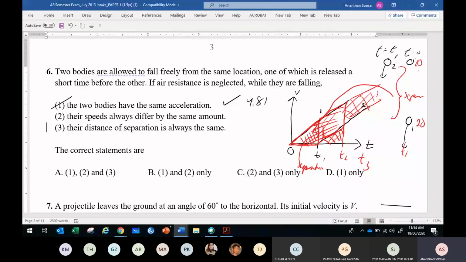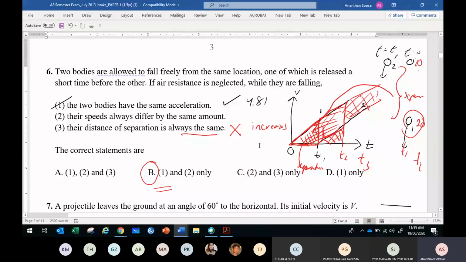After T2, the speed of 1 is always going to be greater than the speed of 2. So 1 will always cover the greater distance. So saying their distance of separation is always the same is wrong. The separation distance always increases. So therefore, the answer is B.